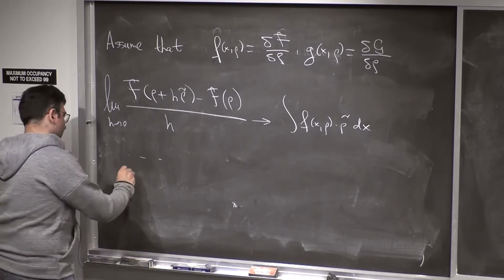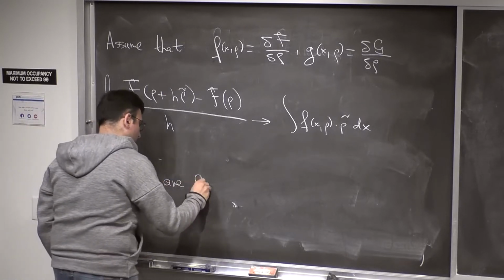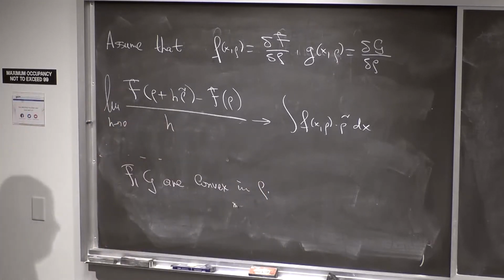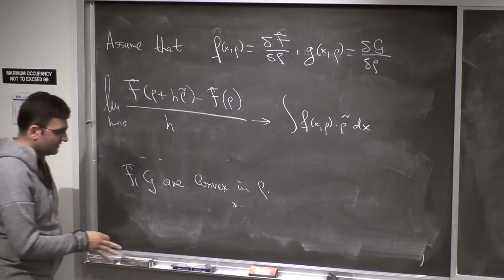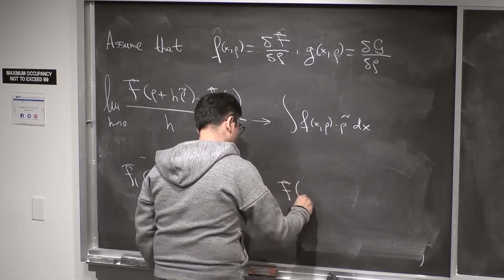Let's also assume that F and G are convex in rho, which is not the optimal transport convexity, but the simple convexity.